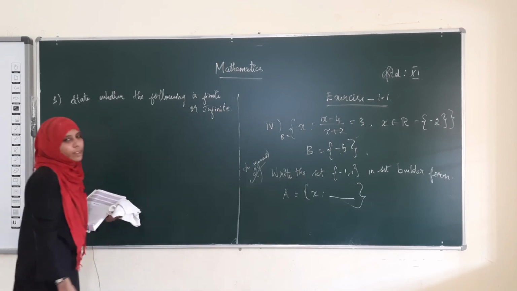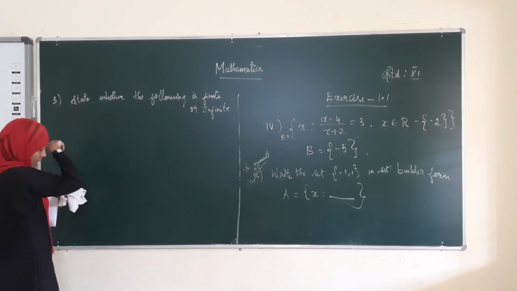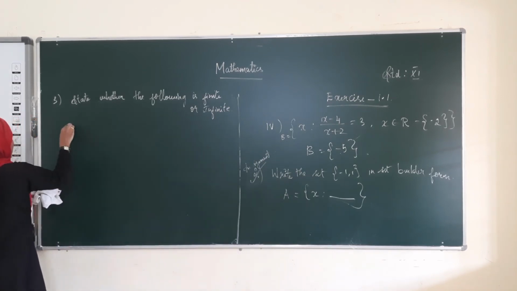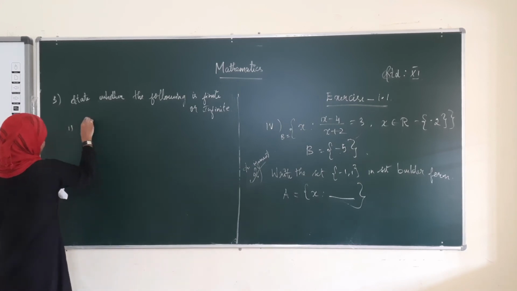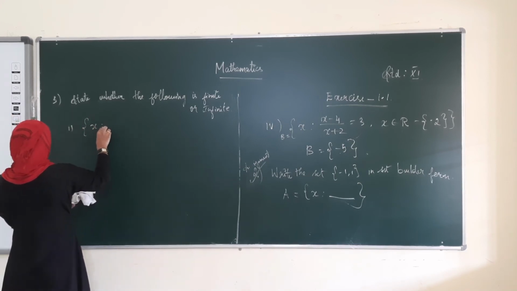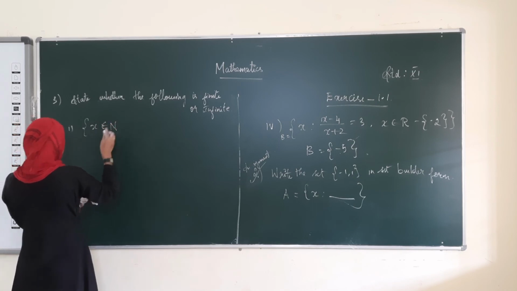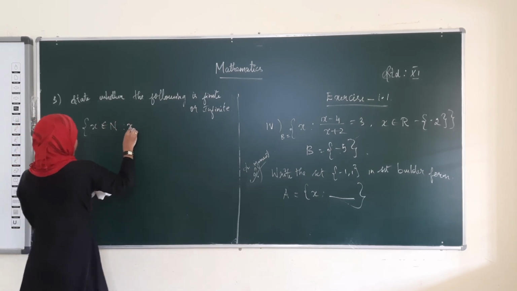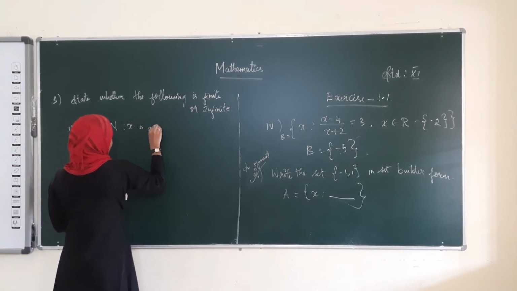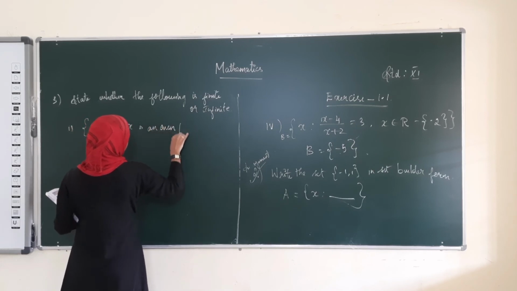We have to say the given following conditions are finite or infinite. See the first subdivision. x belongs to N, that is natural numbers, such that x is an even prime number.